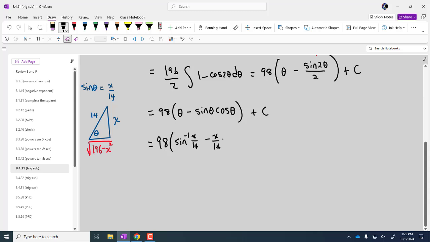Cosine of theta, we look at the triangle. Cosine is adjacent over hypotenuse. Square root of 196 minus x squared, all divided by 14, plus c.